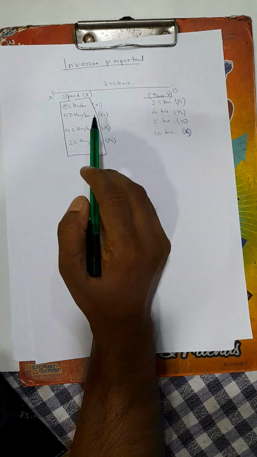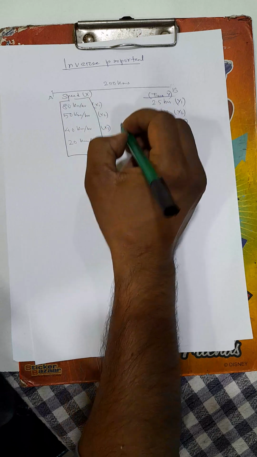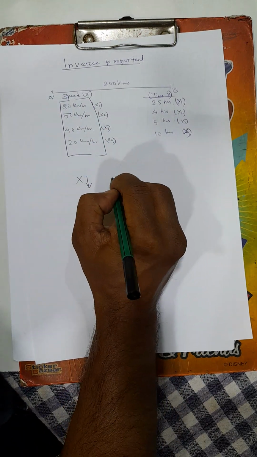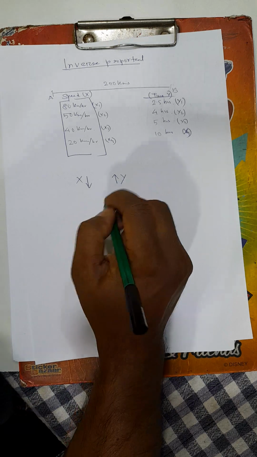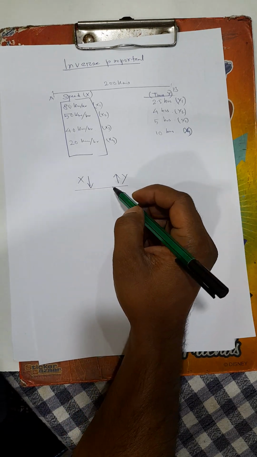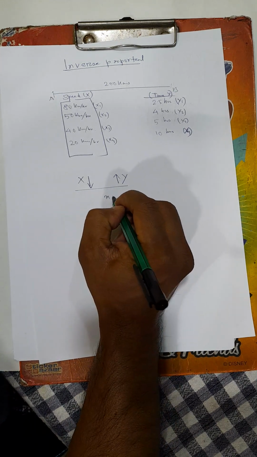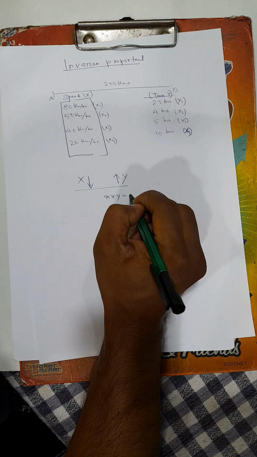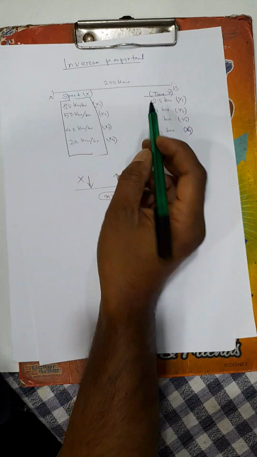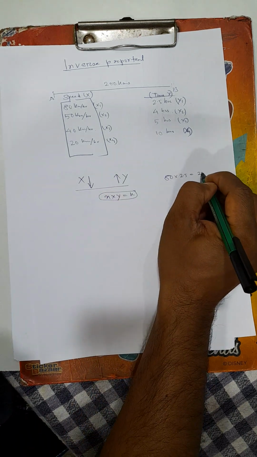Now see, x is decreasing and the corresponding values of y are increasing. So in this particular case, we find that the product of x and y, x multiplied by y, is a constant. Here you see 80 multiplied by 2.5, it is 200.